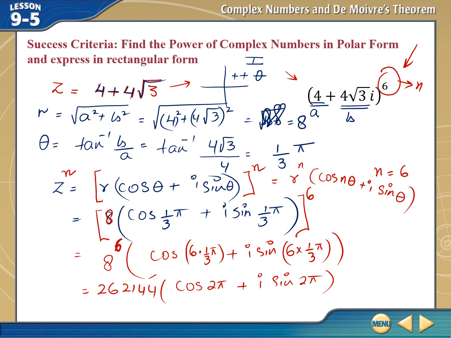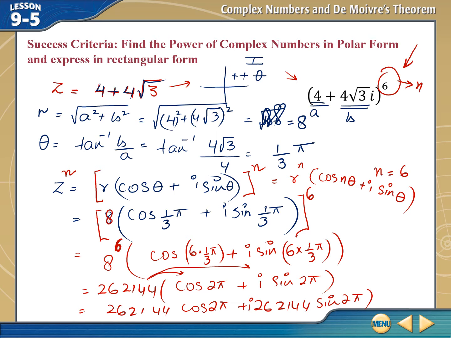Once we are done, we are going to multiply this r to the inside values by using the distributive property. It means we will get 262144 cosine 2 pi plus 262144 iota sine, or write the iota before to avoid any confusion, sine 2 pi. Now just check and write 262144 cosine of 2 pi.